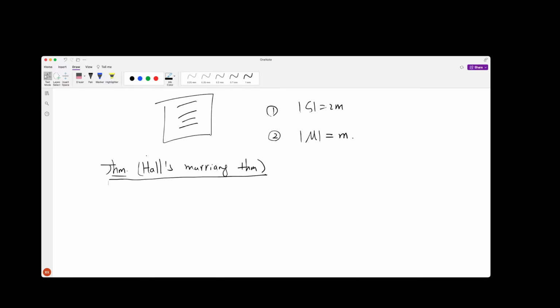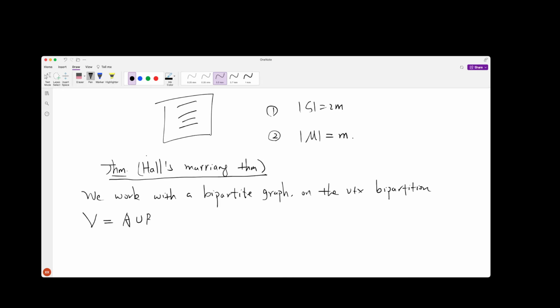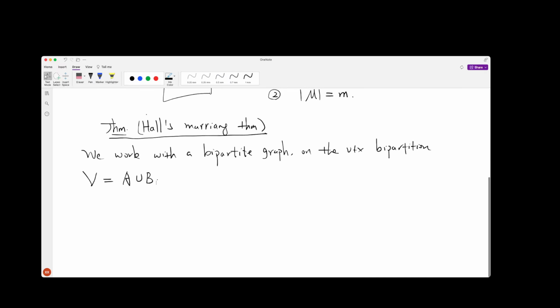Okay, so we work with a bipartite graph, on the vertex bipartition, that V of G equals A union B. So there is a bipartition, two parts.